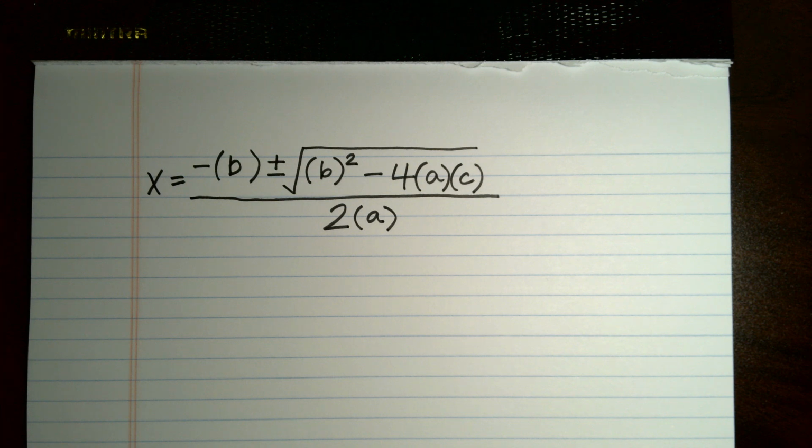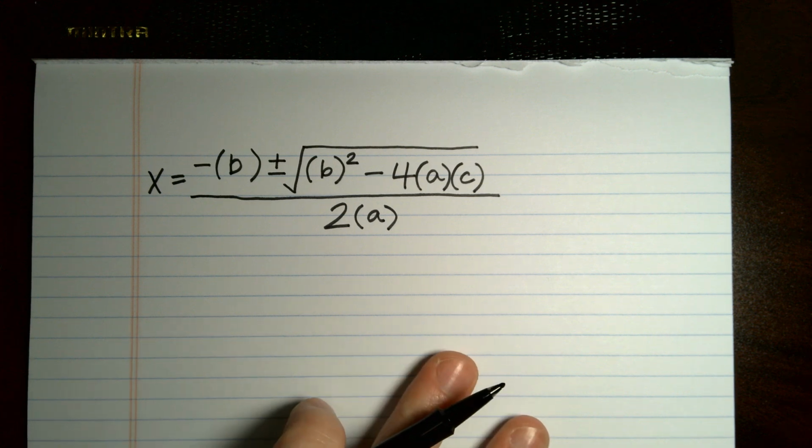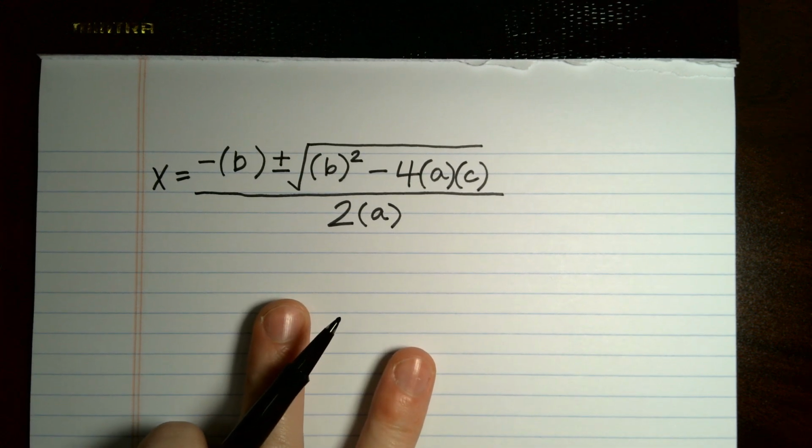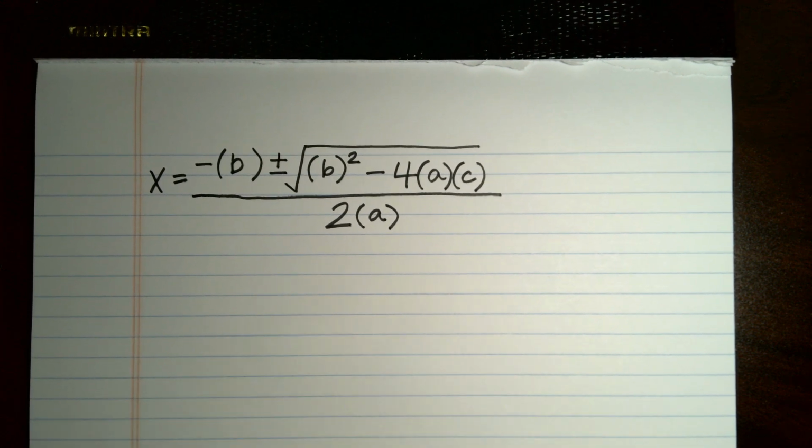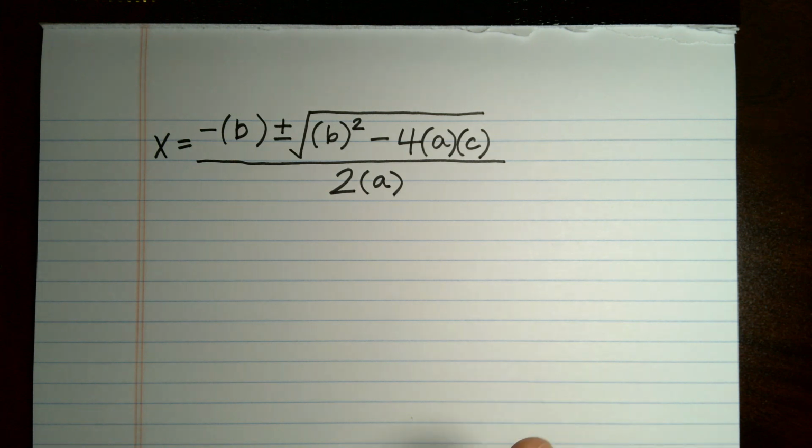Okay. 2 times a. So there's our formula. This is the original base that we are plugging numbers into. We're going to replace A, B, and C with the letters we find in our equation.